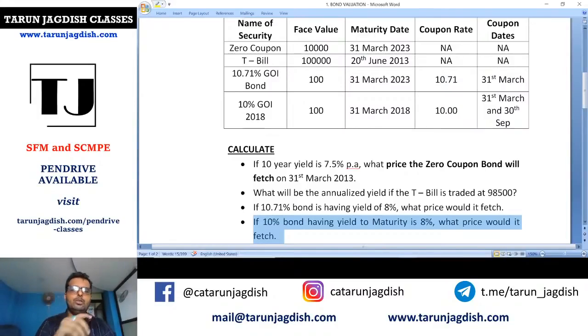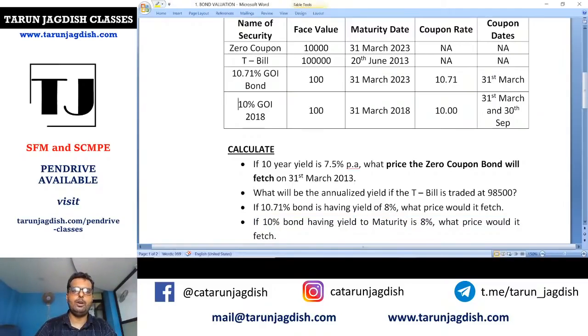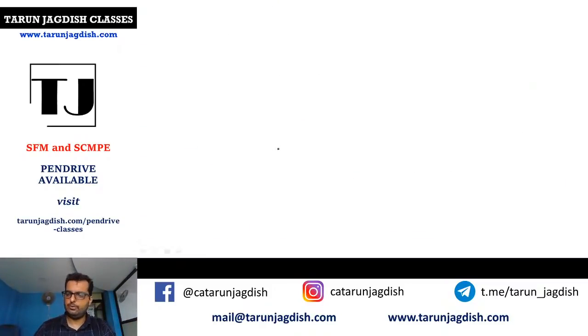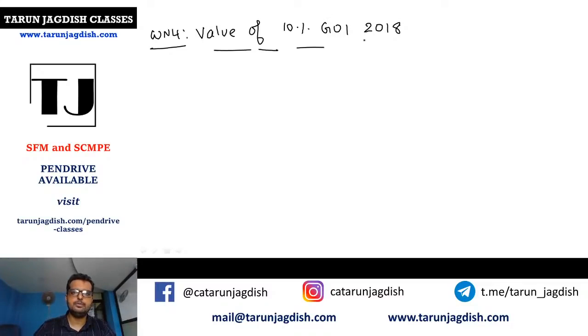So now we are coming to the final bond, that is this bond. So I'll write down the next working note, number 4. Value of 10% GOI 2018. Okay. Roman number 1 would be now basic data.